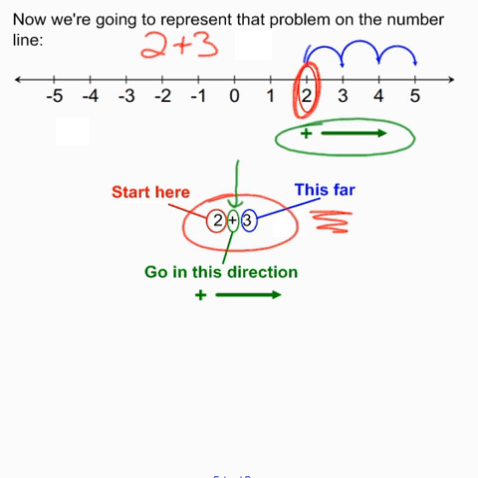We start at 2, go in the positive direction 3 times, and we wind up at 5, and that's why 2 plus 3 equals 5. I know you don't need me to tell you what 2 plus 3 is equal to, but I'm using that as an example because that's one I think you know what the answer should be. Now we're going to use that same technique on some slightly more difficult ones.